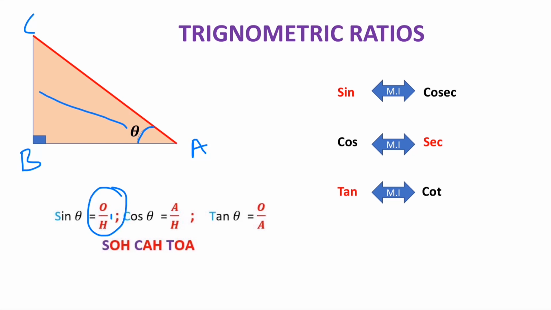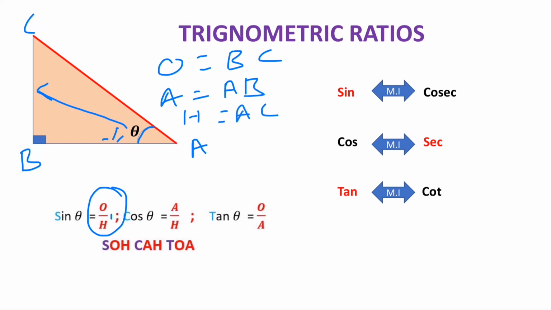The side opposite to this one is BC, so the opposite side is BC, the adjacent side is AB, and the hypotenuse is AC. So sin theta is BC by AC, cos theta is adjacent side by hypotenuse, AB by AC, and tan theta is opposite side by adjacent side, BC by AB.